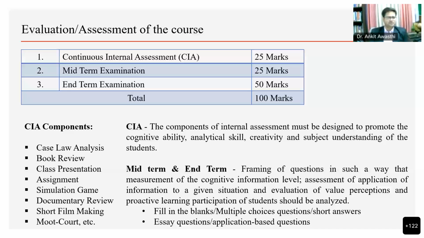So these are different heads which could be given, like case law analysis, book review, class presentation, assignment, simulation game, documentary review, short film making, moot court, etc. These are just from the identification point of view, not a complete list, but in this way we could engage students throughout the semester, and they can come out of the burden of the midterm and the end term, because continuously they are going to be engaged in a learning process.